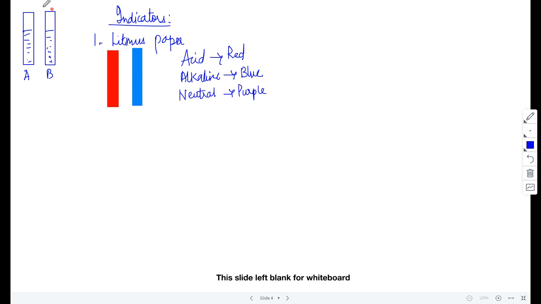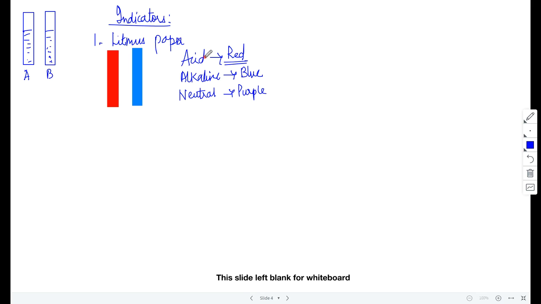So even if I dip it in acid, it will still show me red. That means there is no color change. If I dip my blue litmus paper inside my acid, what color will it change to? Red. My blue litmus paper will turn red in acid.